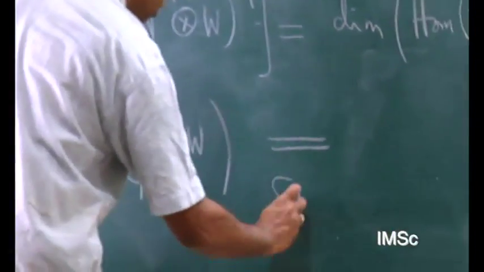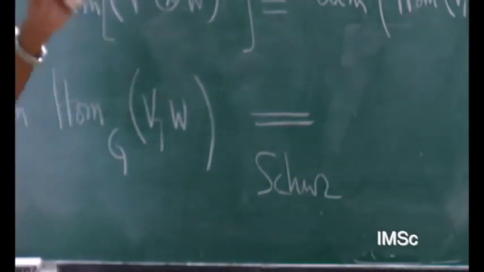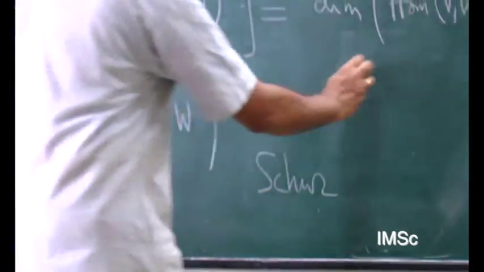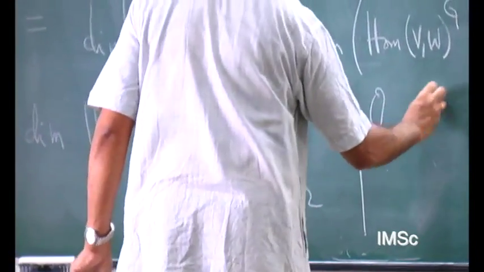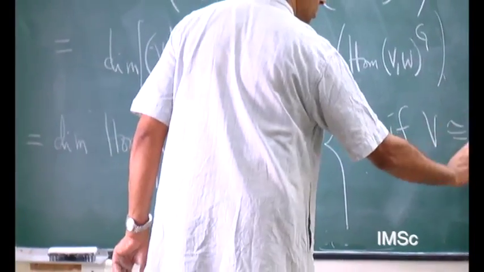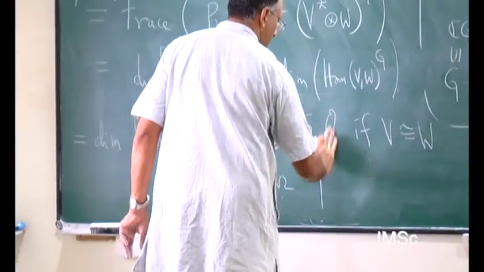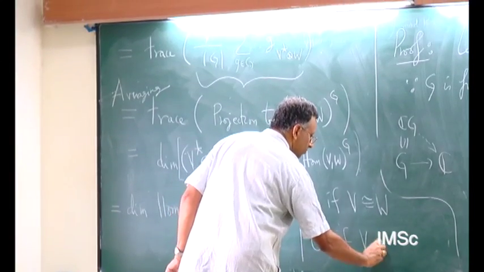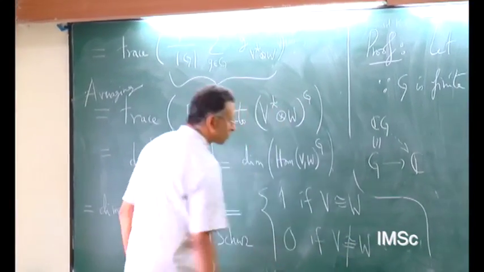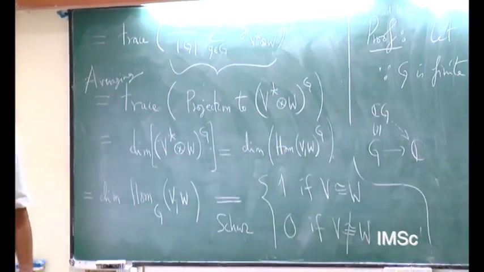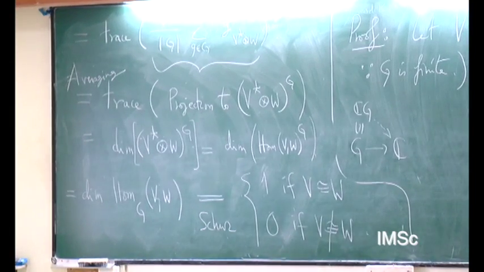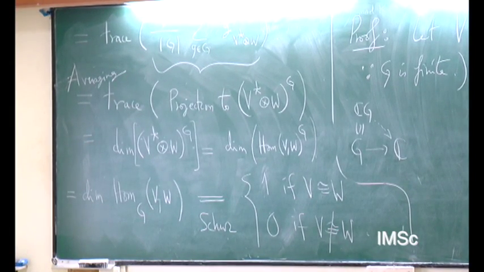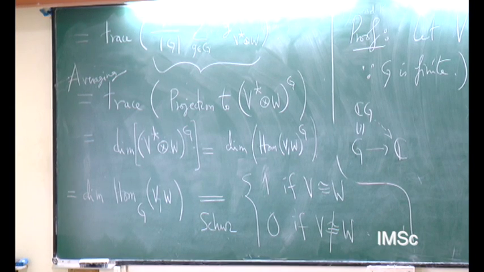Okay? So by Schur, this is 0 if V is not isomorphic to W, oh sorry, 1 if V is isomorphic to W. All right, first part done.